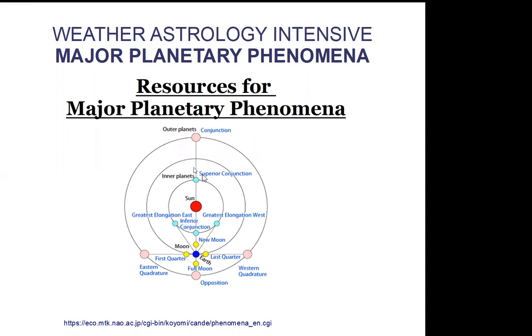And so just so you can see very clearly what is a conjunction, what is a superior conjunction, all the rest. I haven't really got into the elongations west and east, but certainly these other things and the quadratures, but everything else is quite fab. So I've given that to you in your notes. It's very helpful.